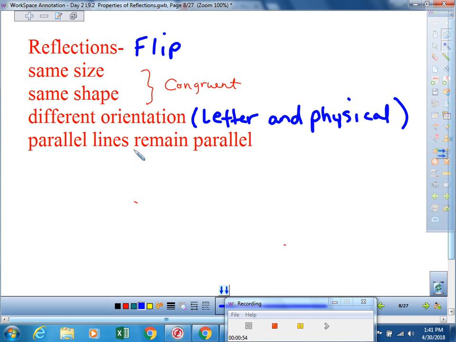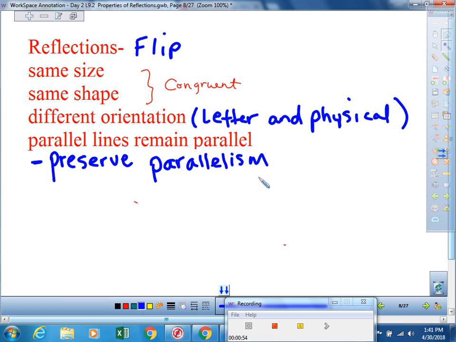And then the parallel lines remain parallel. That is, they preserve, P-R-E, preserve. They preserve parallelism. Okay, so parallel lines remain parallel. This is how usually you see it on our test or quiz. Preserve parallelism.